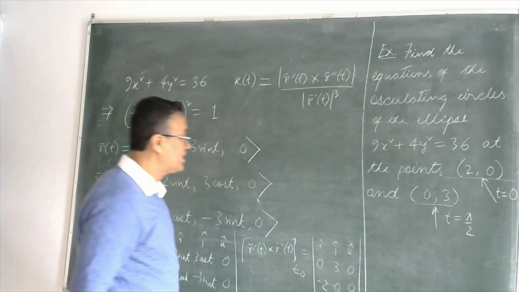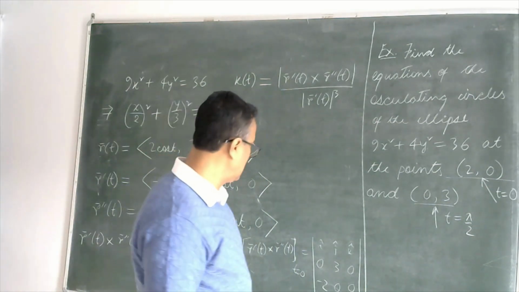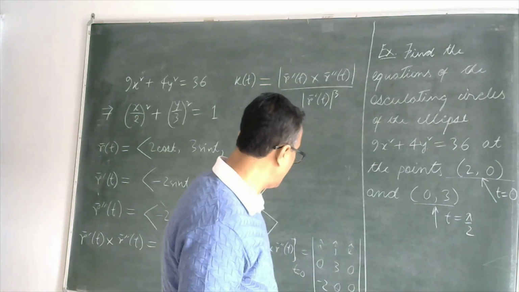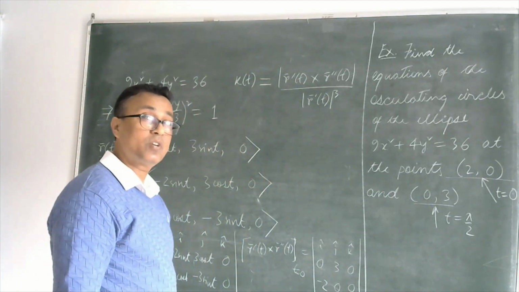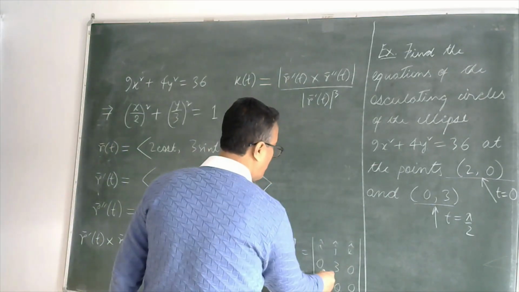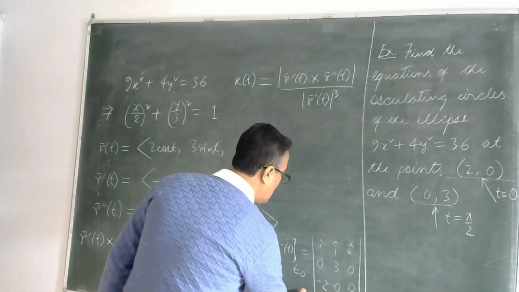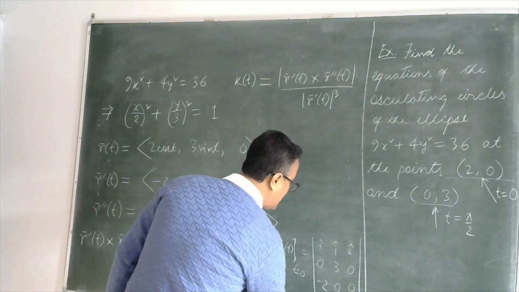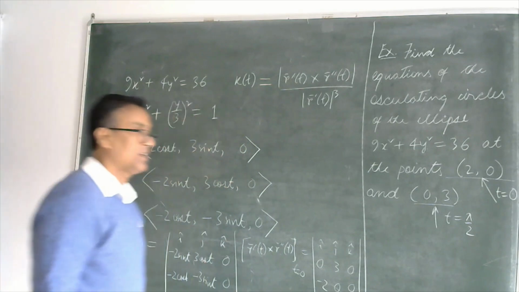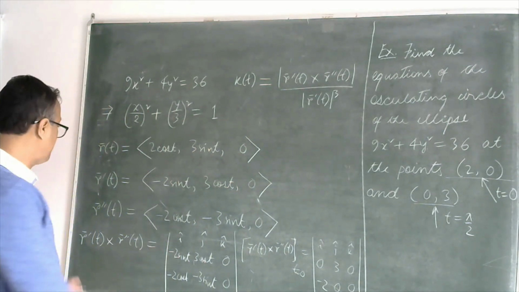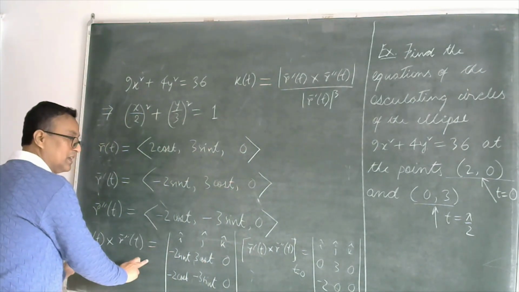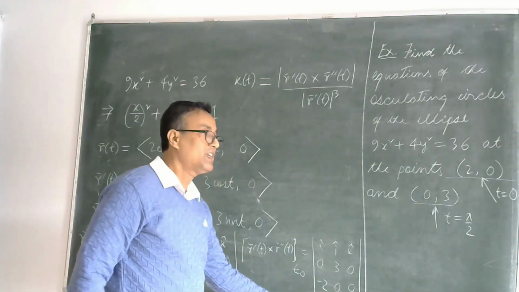Obviously both the i and j components give you 0, and the k component gives you 6k. So if you take the modulus of this, that simply gives you 6.